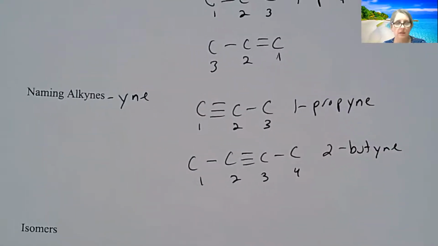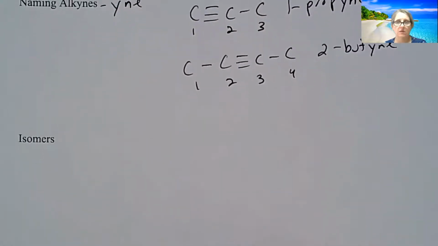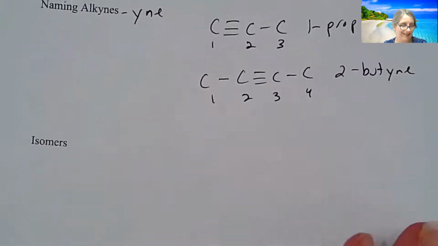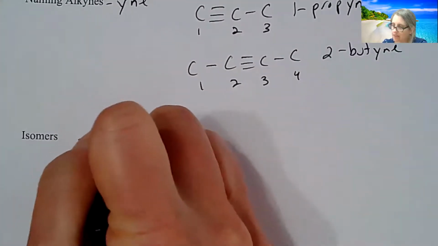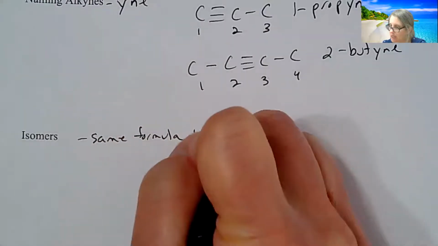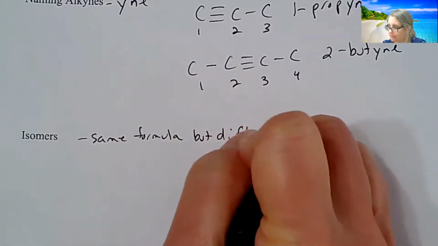So continuing on with this, where I put that double or where I put that triple bond is what we call an isomer, okay? So it has the same formula, the same number of carbons and hydrogens, but it has a different structure.